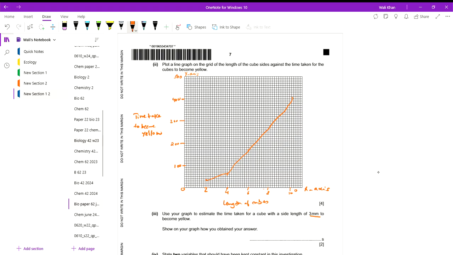It is 3 mm here, and we take its value here. So the time taken is about 50 seconds.